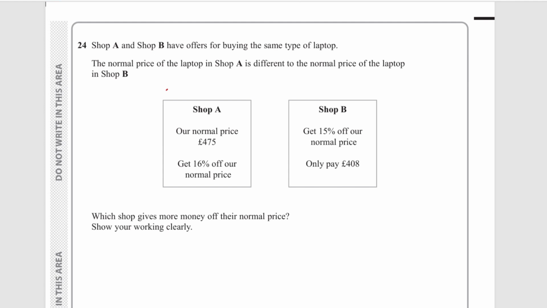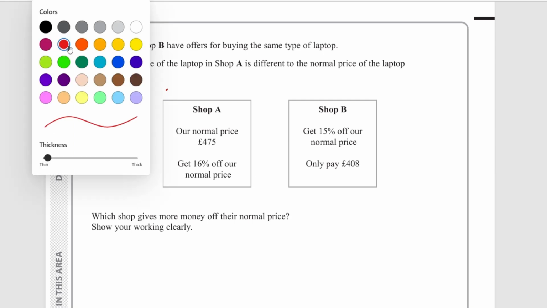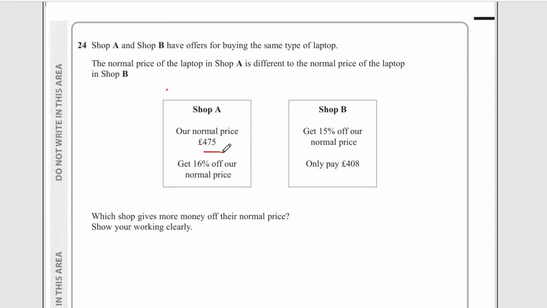Okay, let's get to this question. Shop A and B have offers buying the same type of laptop. The normal price in A is different from B. Okay, so for A, the normal price is £475, and they said they're going to give 16% off the normal price. So if they are giving 16% off, the normal price is 100%.